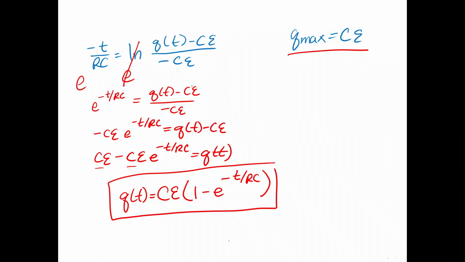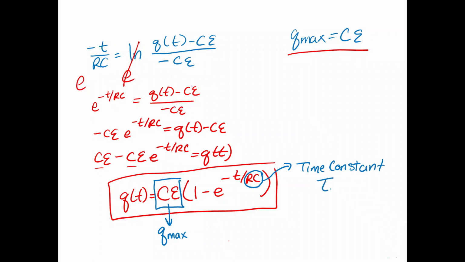So, couple things about this. We have this term in front, even if it's not CE, is going to be Q max. And then this guy right here has a special name. This guy is the time constant, and it gets a special variable.